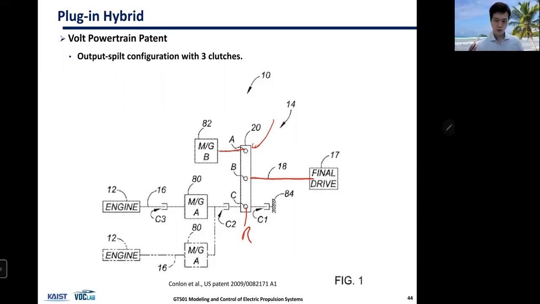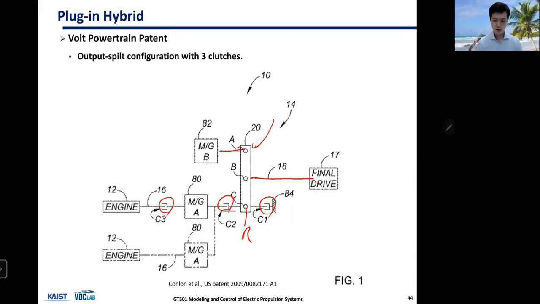I'm going to talk more about that towards the second half of the semester. But the point here is that this is multi-mode architecture using 3 clutches. So by engaging and disengaging these clutches, you can connect different shafts, and you can disconnect or connect this power flow.